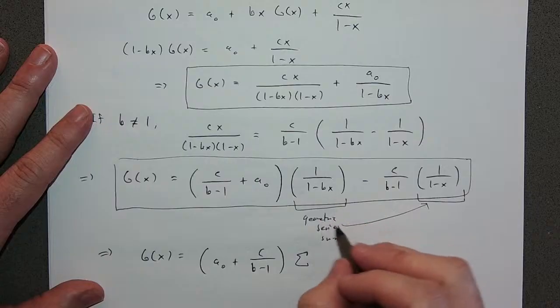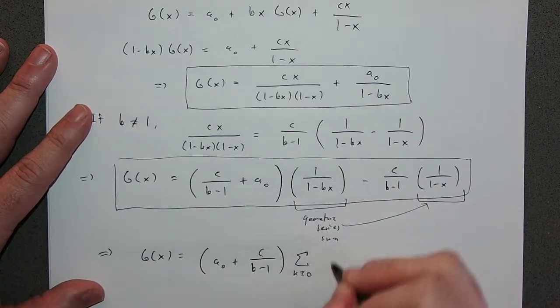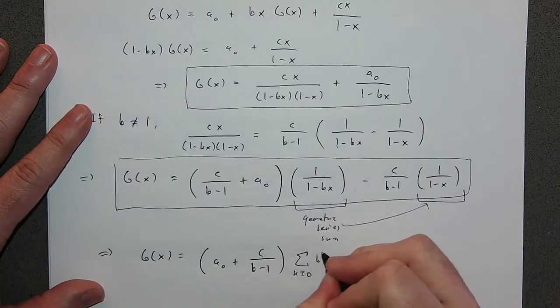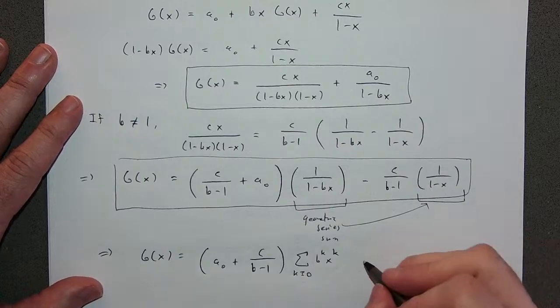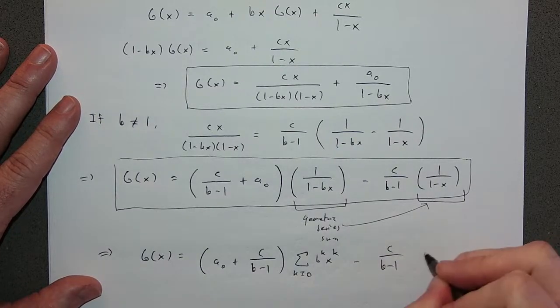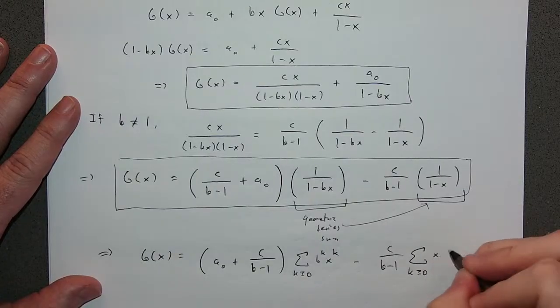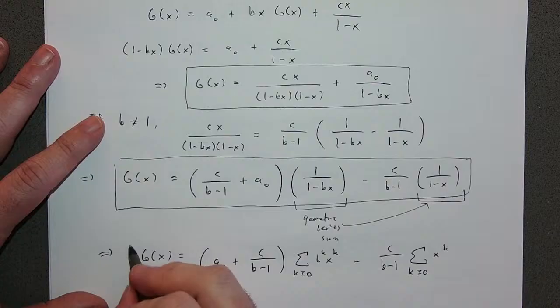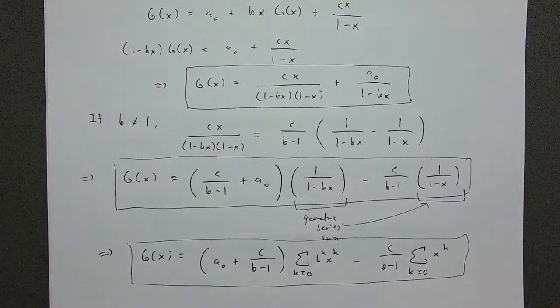So this would be bx to the k in every term, which would give us b to the k x to the k for this sum, minus c over b minus 1 times the sum over k non-negative of x to the k. Here's our expression for g.